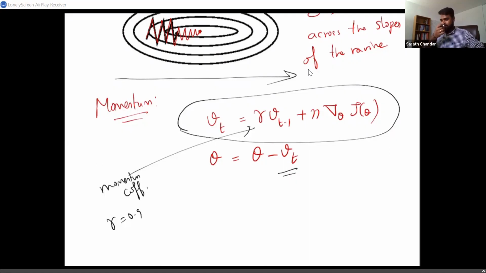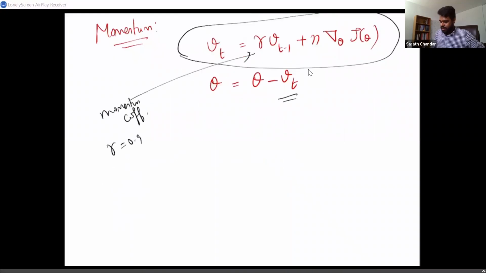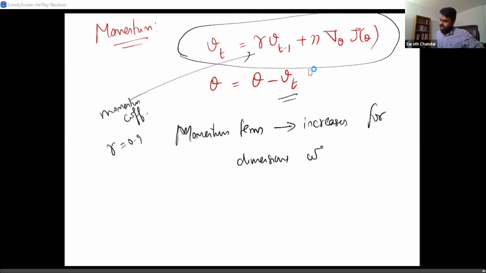The momentum term increases for dimensions whose gradients point in the same direction.